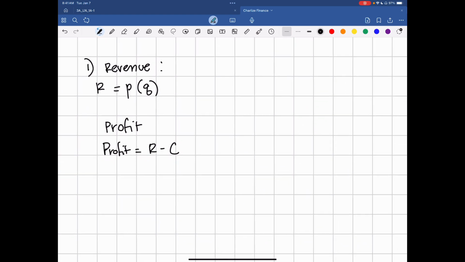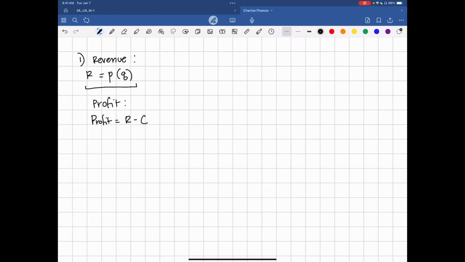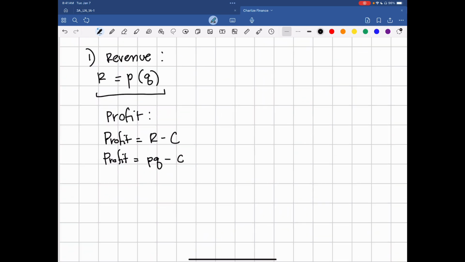It is also possible to have a negative, obviously, which means you just lose money. But in this case, I already know the R, because R is P times Q. So profit is equal to P times Q minus the cost.